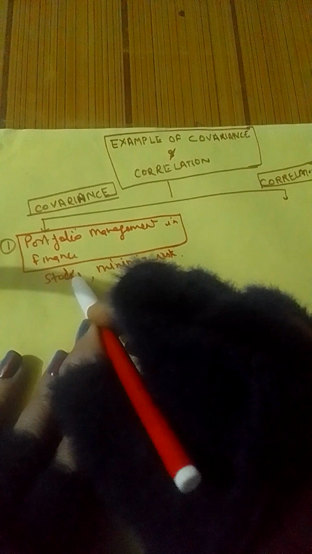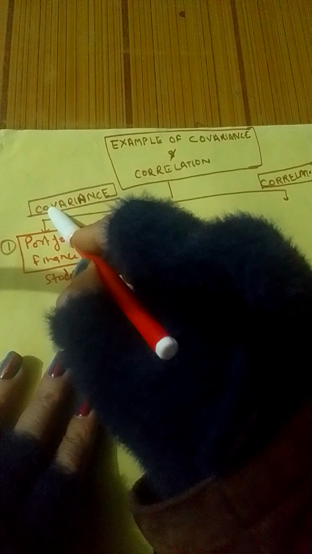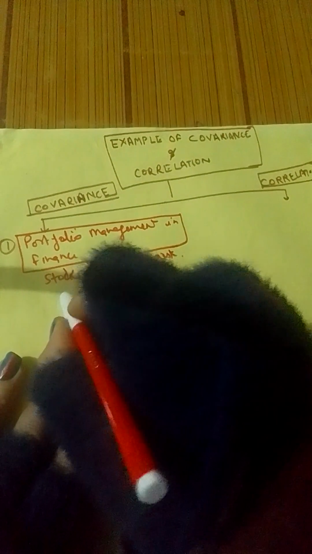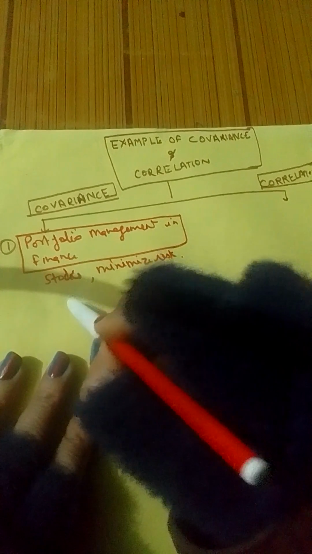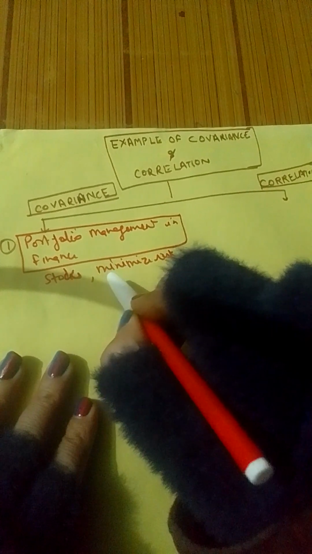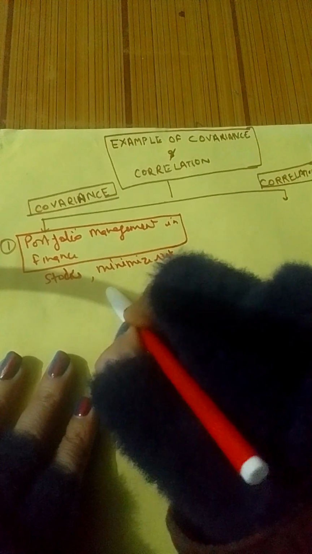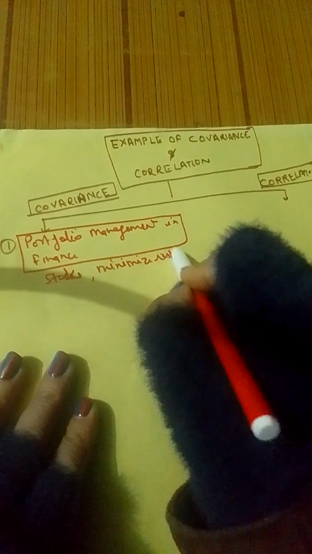When a particular person invests in the stock market, by using the covariance method, the stock brokers or data scientists predict whether this investment will minimize our risk or maximize our risk.